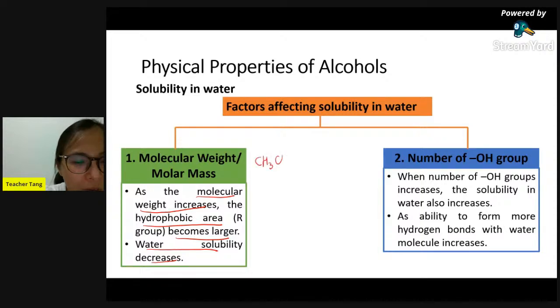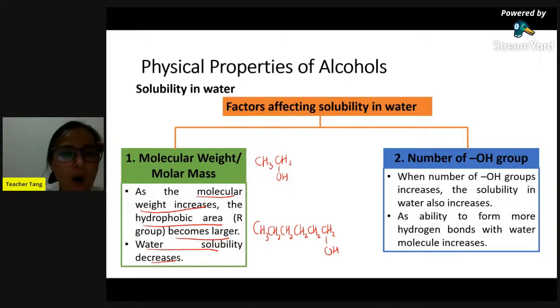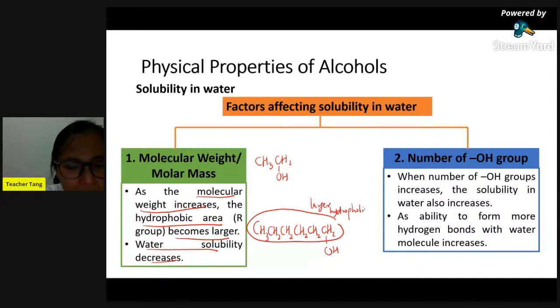For example, if we have ethanol and also 1-hexanol. Can you see that 1-hexanol has a larger molecular weight, so a larger hydrophobic area?